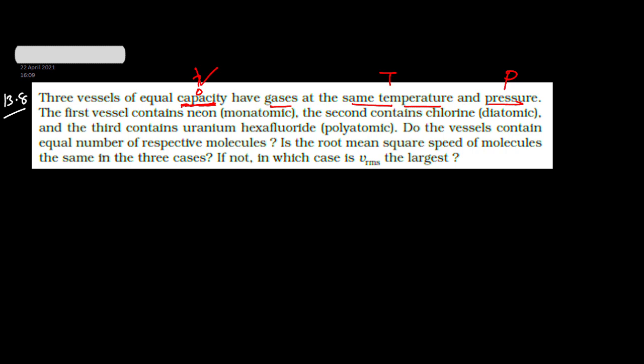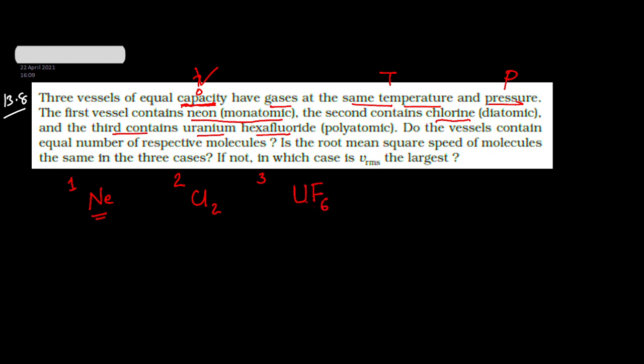The first vessel contains neon, which is monoatomic. The second one contains chlorine, that is Cl2, a diatomic gas. The third one contains uranium hexafluoride. I am sure you have studied this in chemistry.